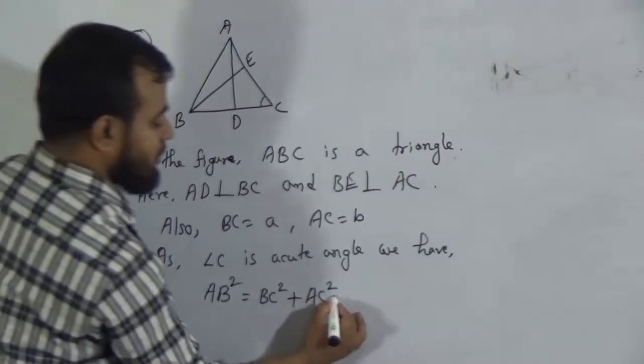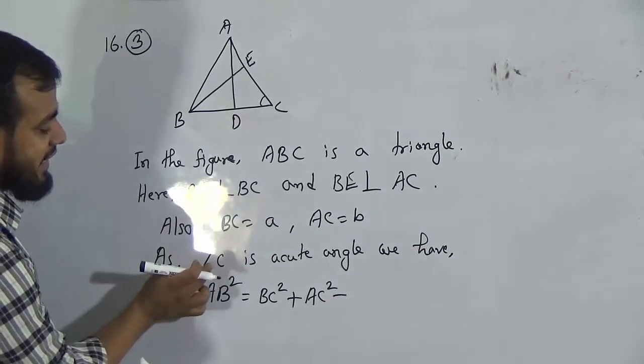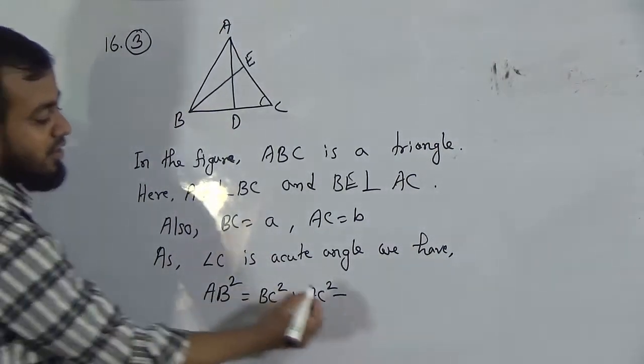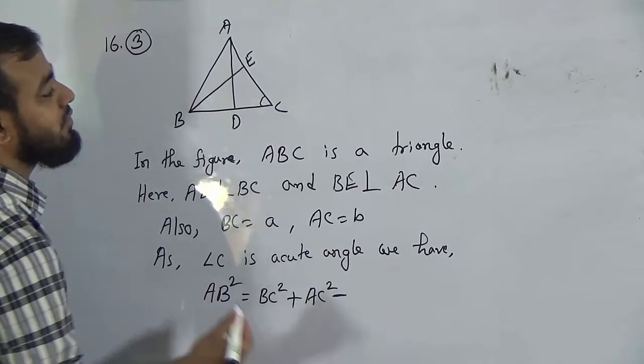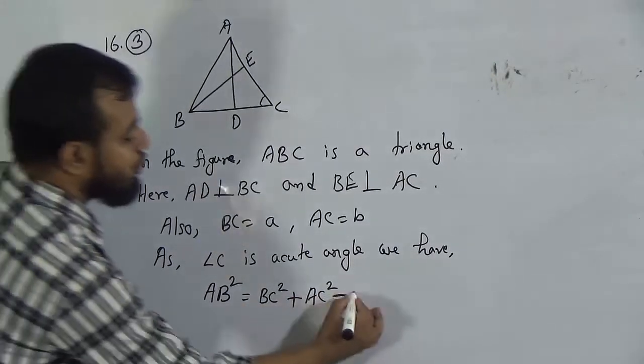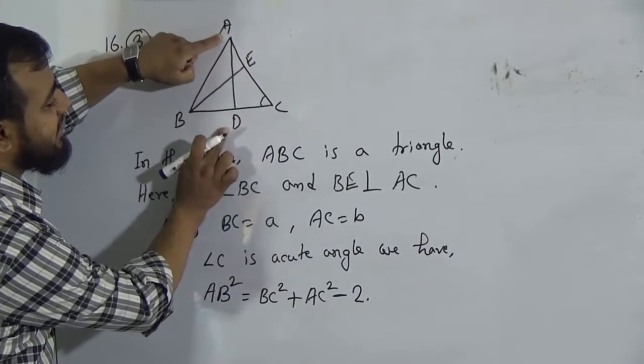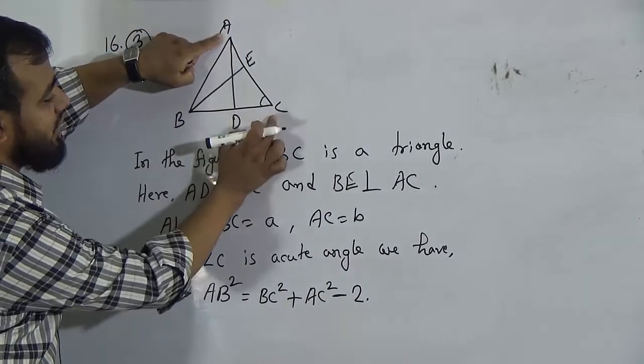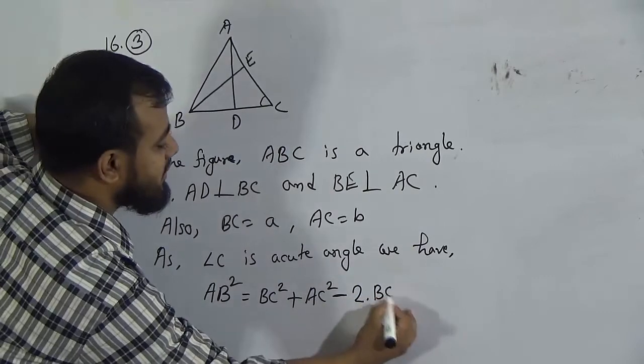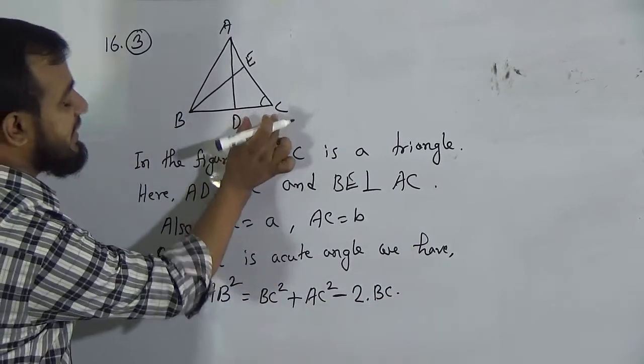And my dear students, we need to subtract because this angle C is the acute angle. That means we need to use the minus sign. Minus 2 into, dear students, AD is the perpendicular line on the line BC.